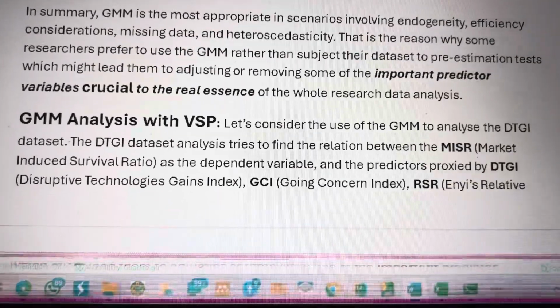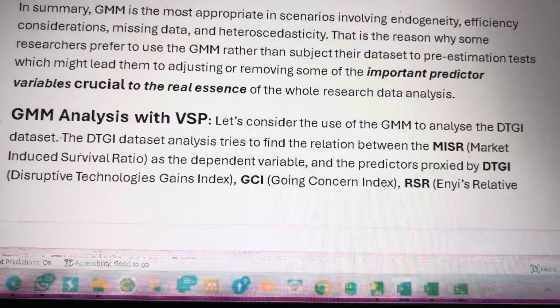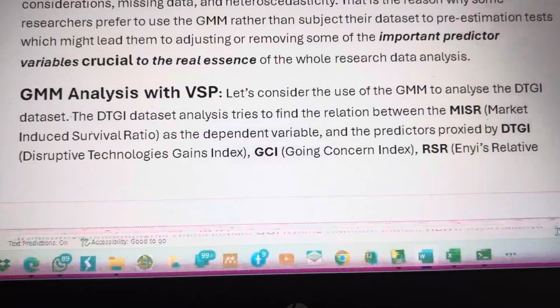Now, the GMM analysis with VSP. Let's consider uses of the GMM to analyze the DTGI dataset.